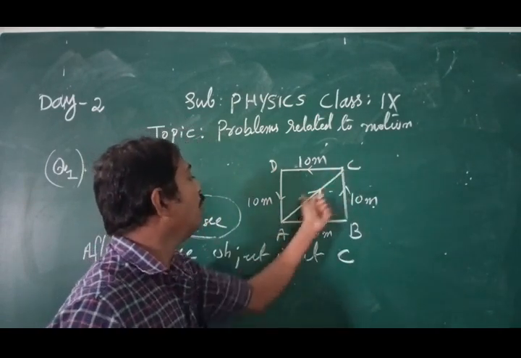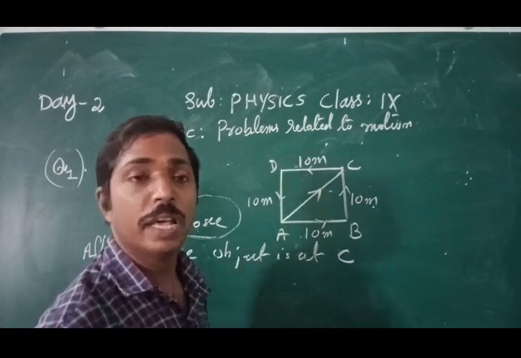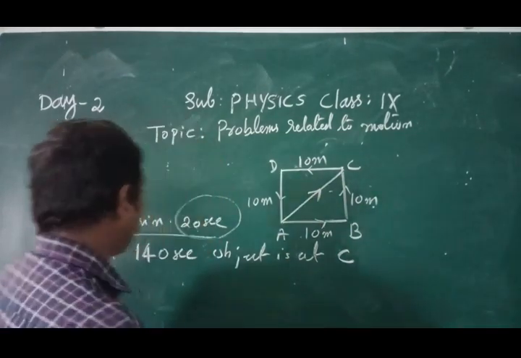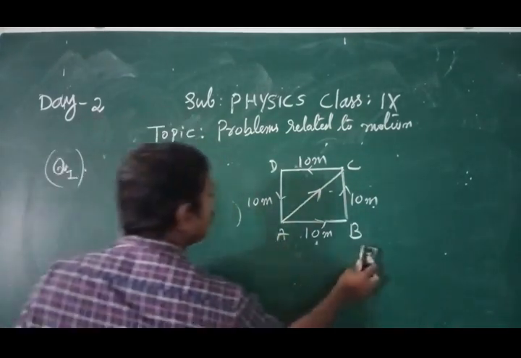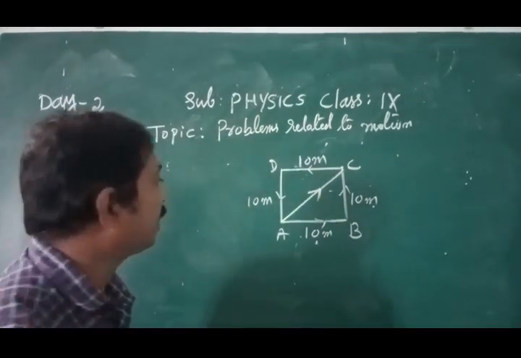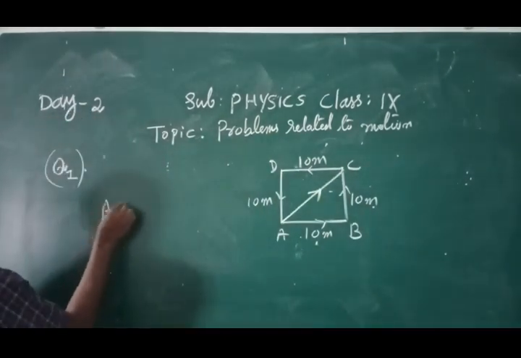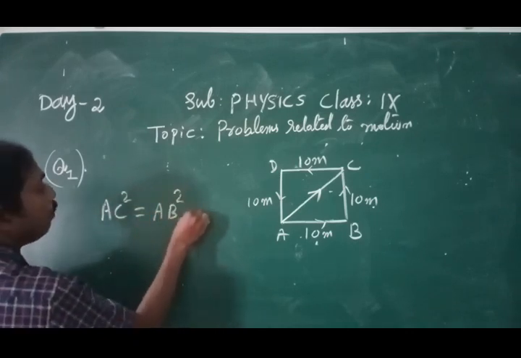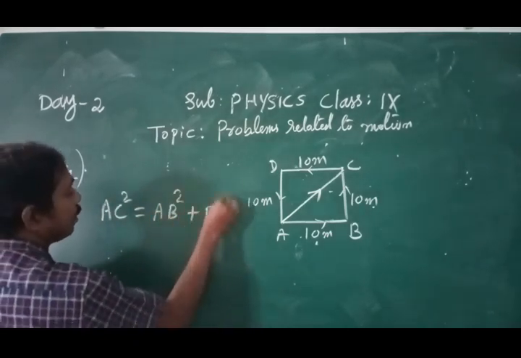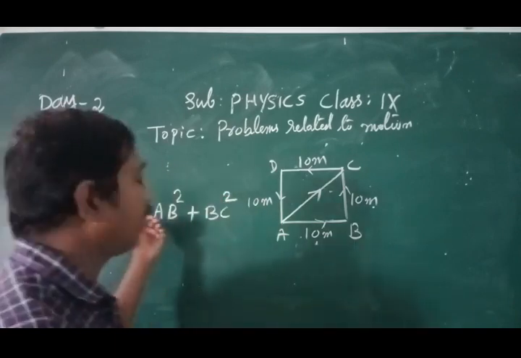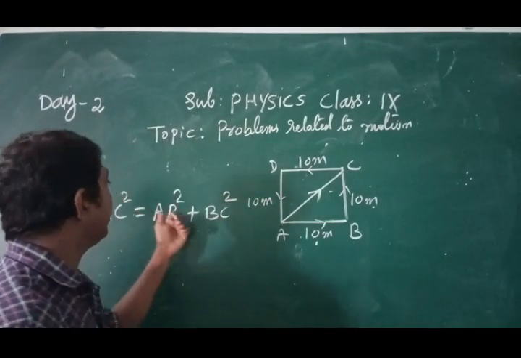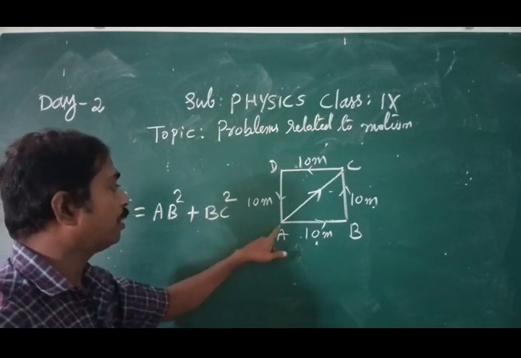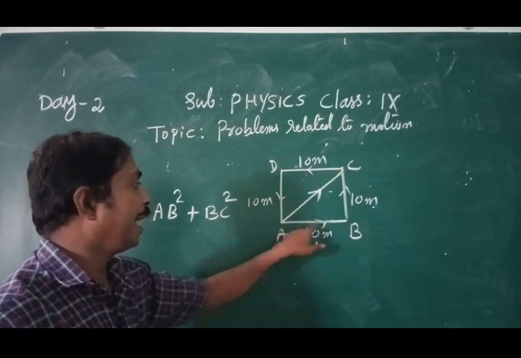How will you find AC? We can use the Pythagoras theorem. According to the Pythagoras theorem, AC square equals AB square plus BC square, because it is a right angle triangle.